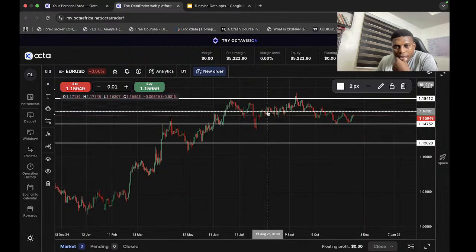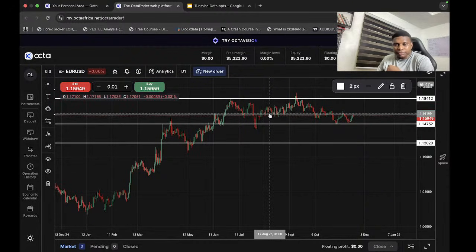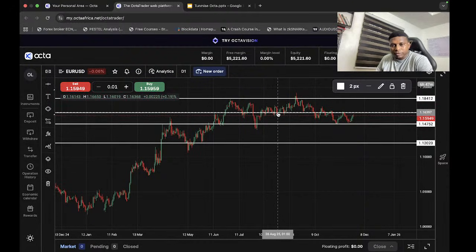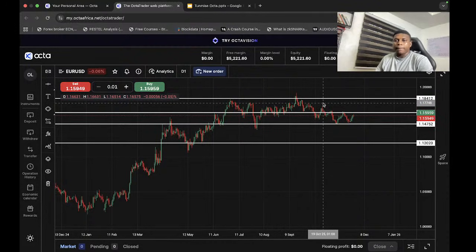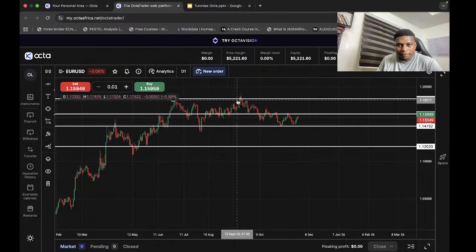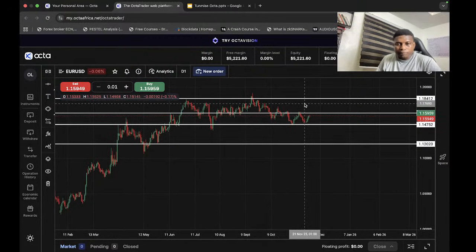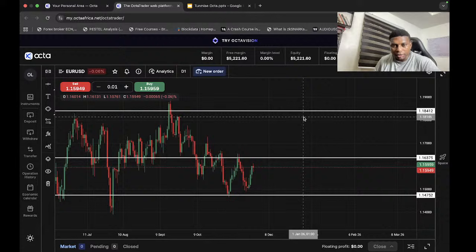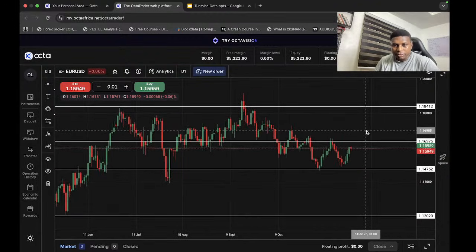It's a major support turned resistance zone. Now, let me zoom out so you can see.